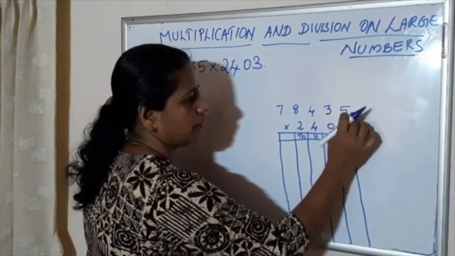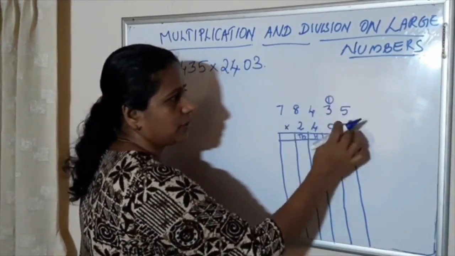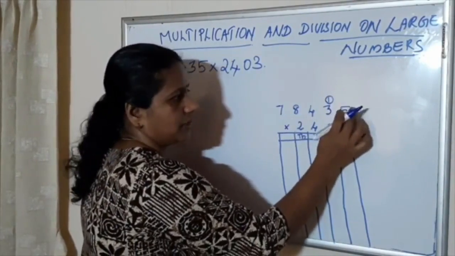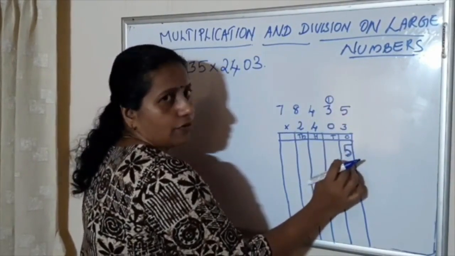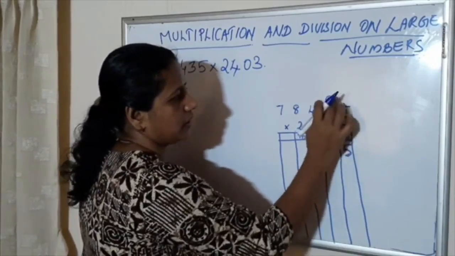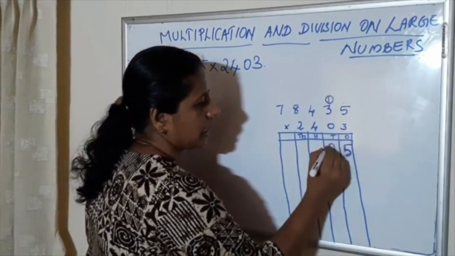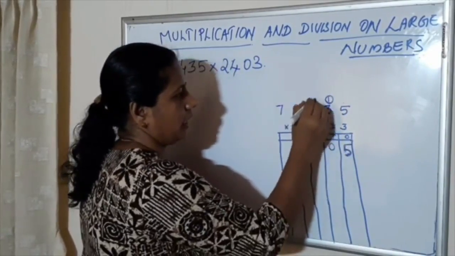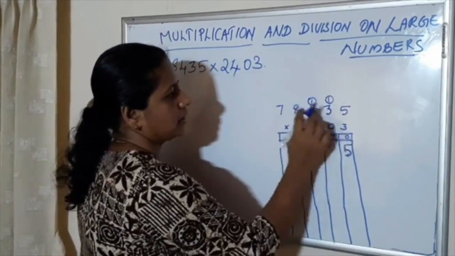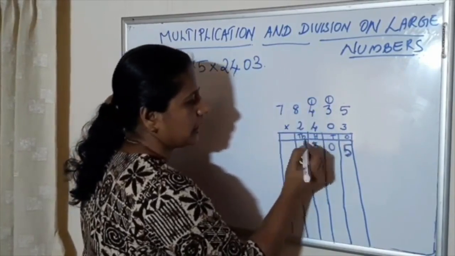So 3, 5, 15. Write the carry over here. Don't write it here because you have already did it. After that, you wrote 5 here. Then write the carry over here. 3, 5, 15. Carry over 1. 3, 3, 9. 9 plus 1, 10. Carry over 1. Next 3, 4, 12. 12 plus 1, 13.